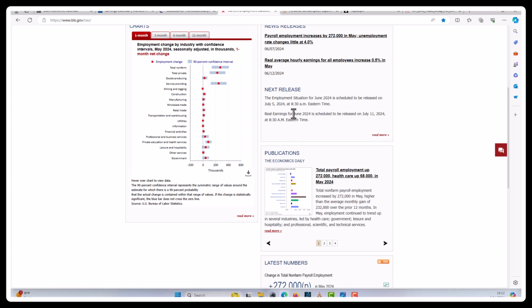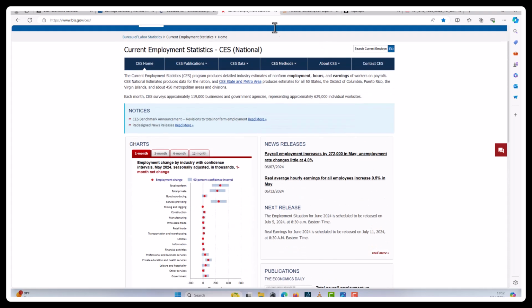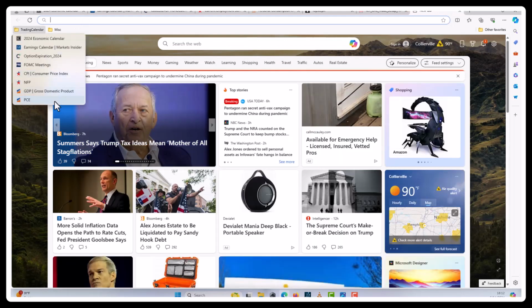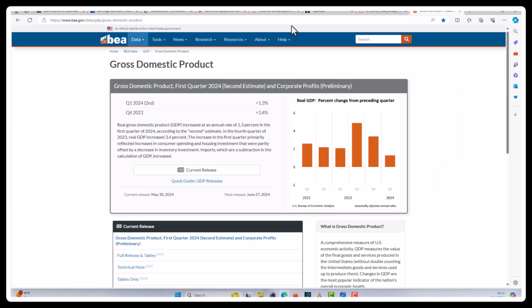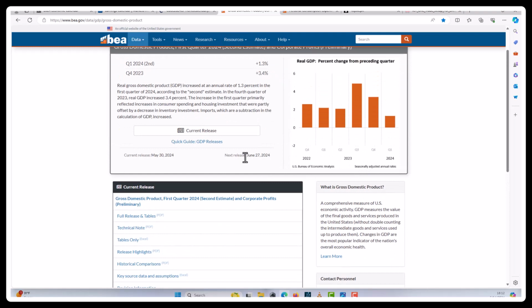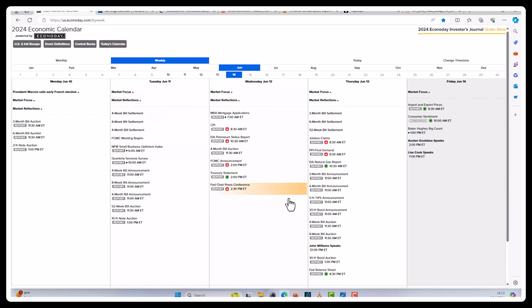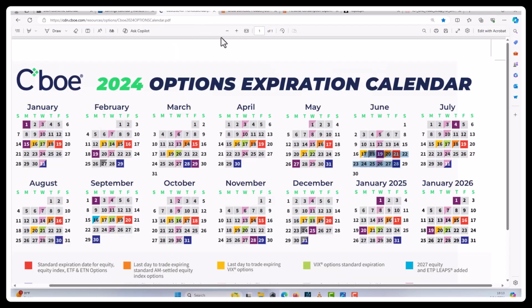No, this is not the GDP data, that is the non-farm payroll on July 11. Here's the GDP data, which will be released on June 27, and then the PCE data on the 28th, at the end of the month.